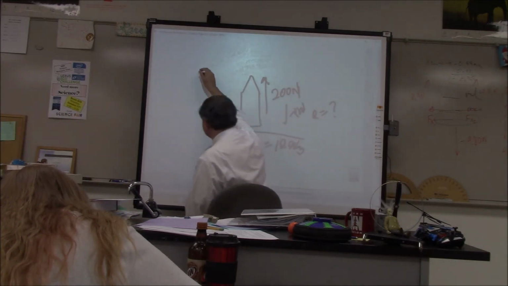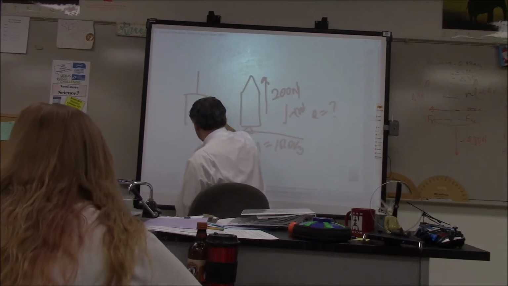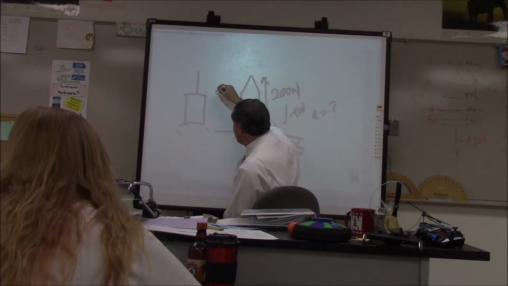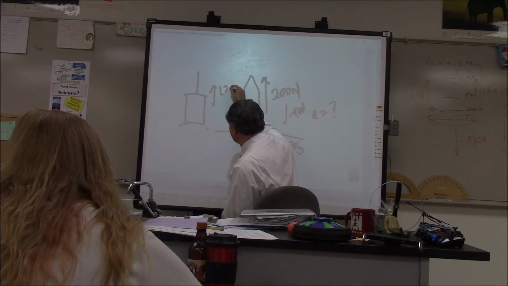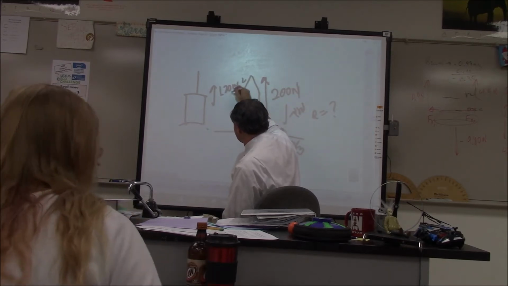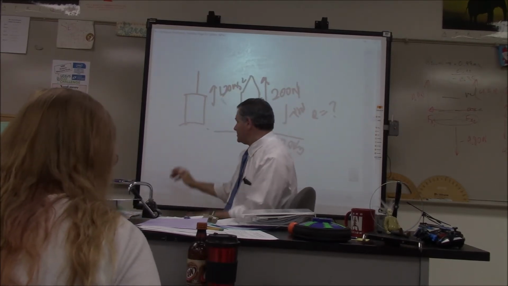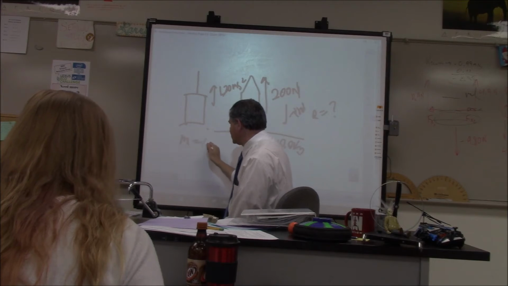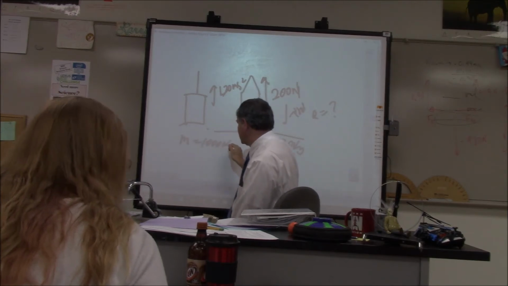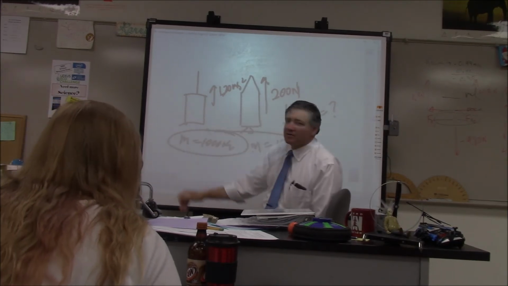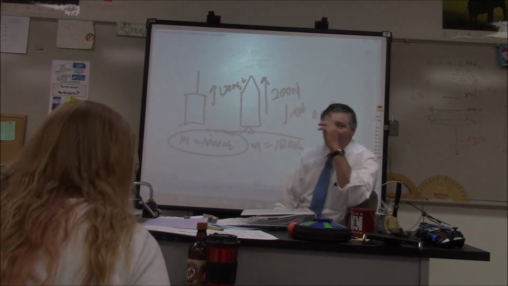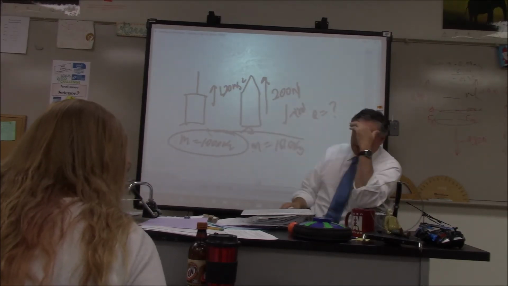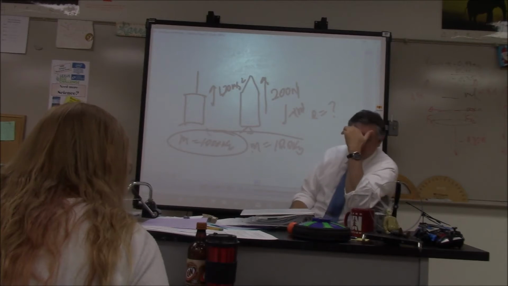Now, there's also going to be an elevator problem. I'm going to say, hey, I want this elevator to accelerate upward at 1.2 meters per second squared, whatever it is. And I'm going to tell you the mass of the elevator is 1,000 kilograms. Now, think this through. I want this elevator to accelerate upward at 1.2 meters per second squared.